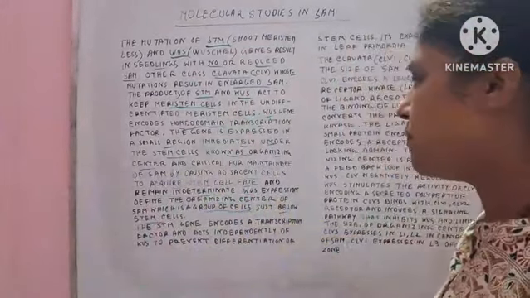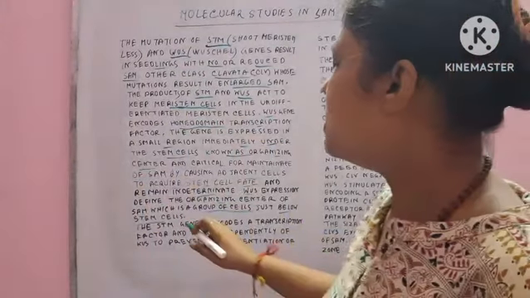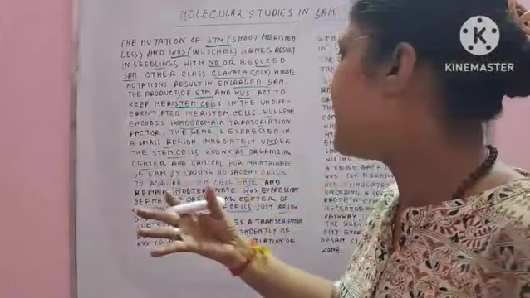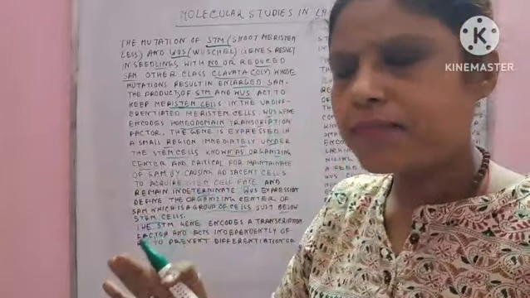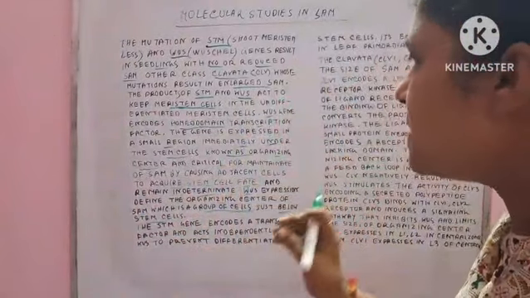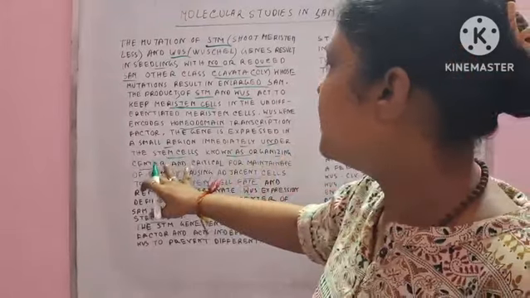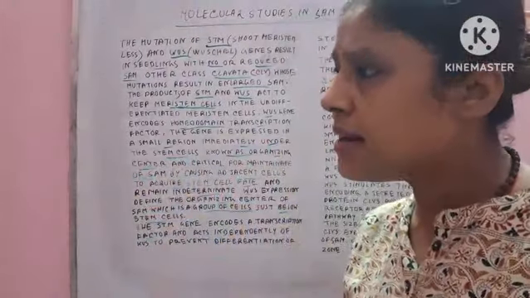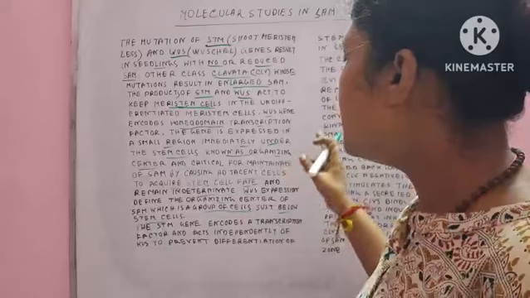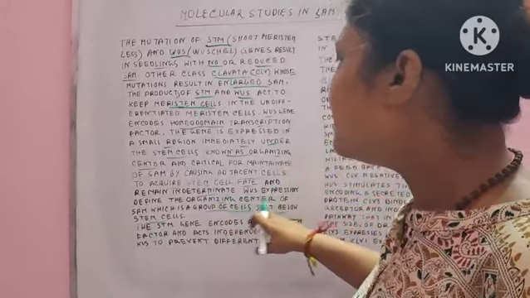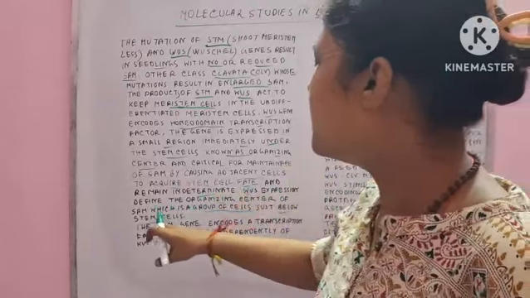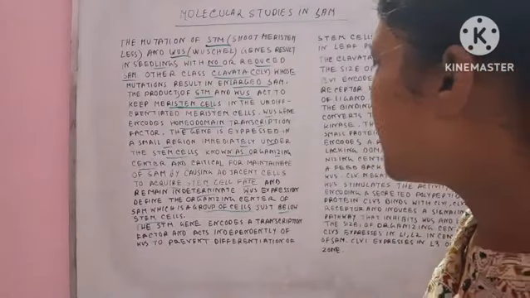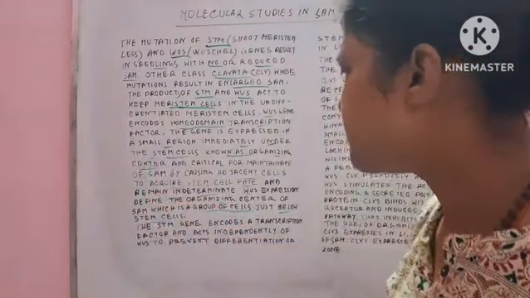Briefly again, WUS is expressed in the organizing center, and this helps to determine the shoot apical meristematic cells. Clear?